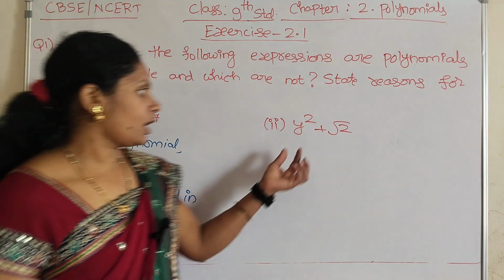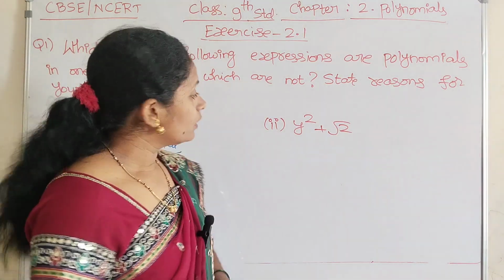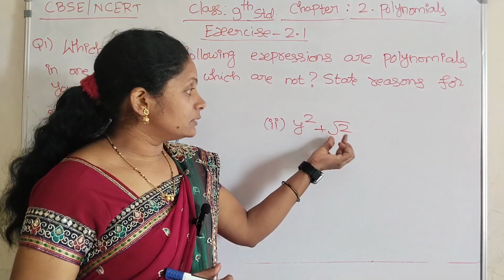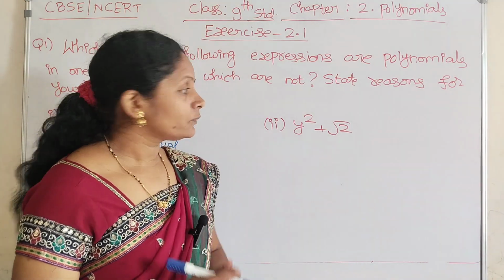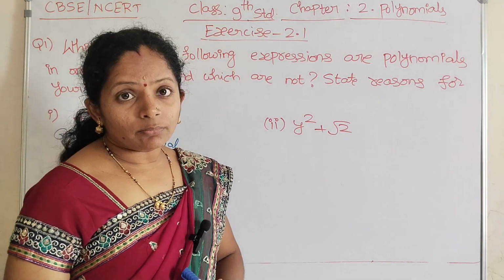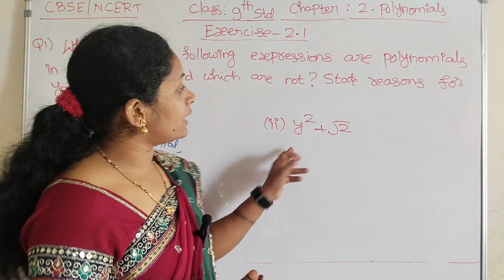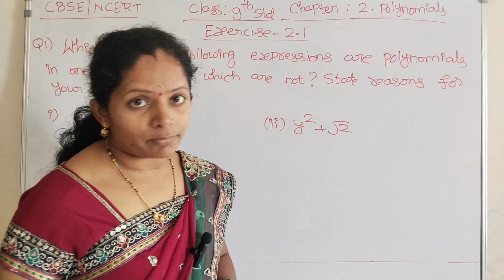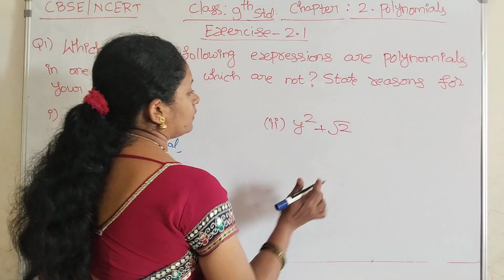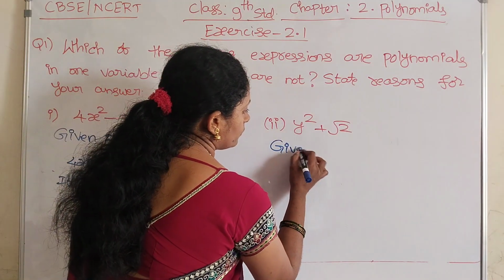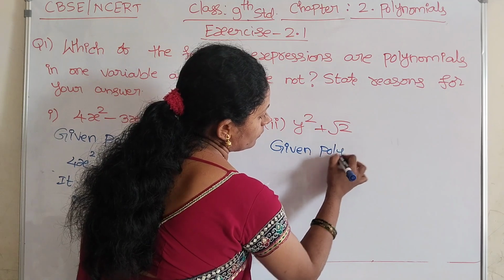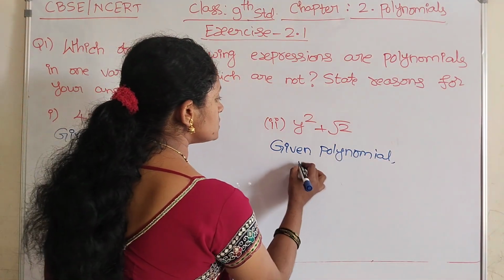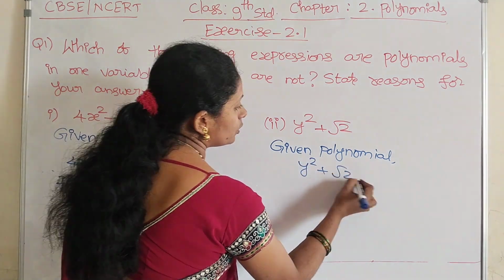Next, y square plus root 2. Here root 2 is a constant, but this root 2 can be a real number. We can use constants as well as coefficients as real numbers, but the power should be a whole number. You should remember this thing. The given polynomial is y square plus root 2.